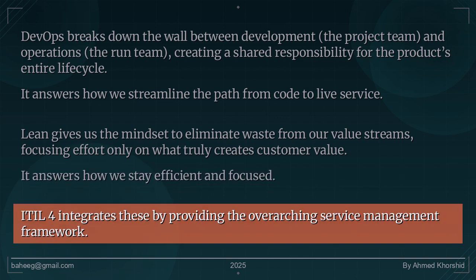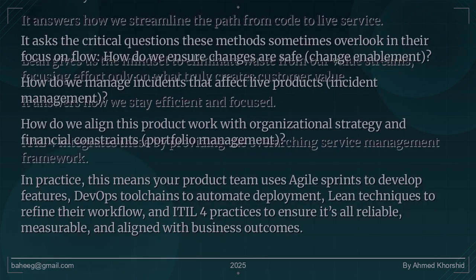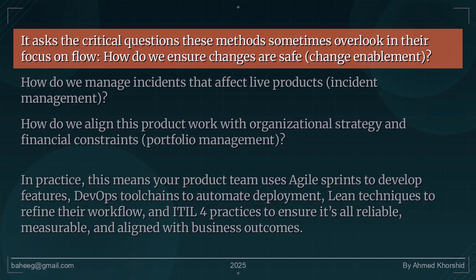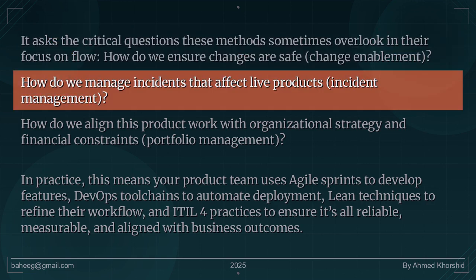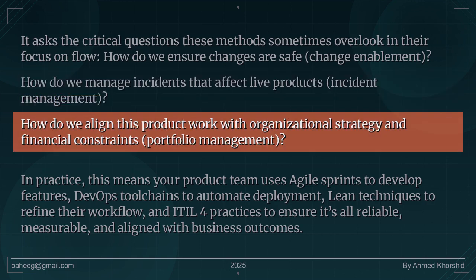ITIL 4 integrates these by providing the overarching service management framework. It asks the critical questions these methods sometimes overlook in their focus on flow. How do we ensure changes are safe? Change enablement. How do we manage incidents that affect live products? Incident management. How do we align this product work with organizational strategy and financial constraints?